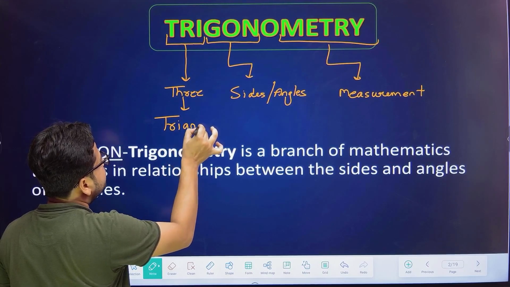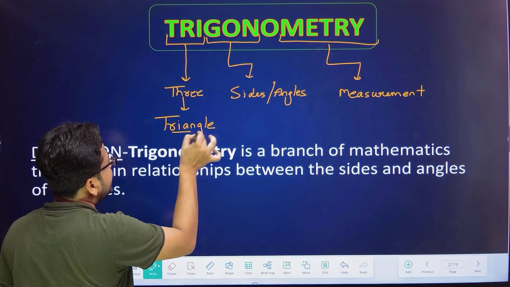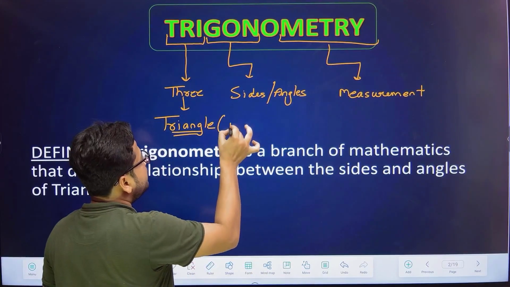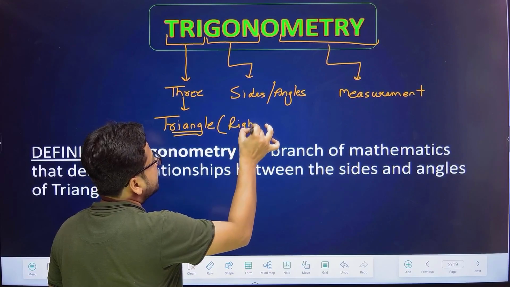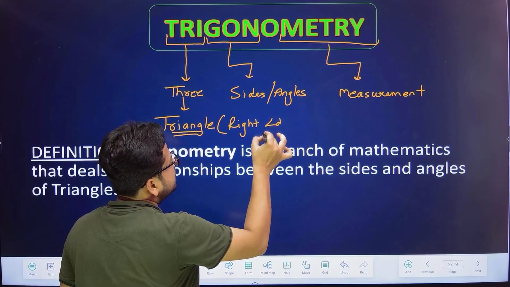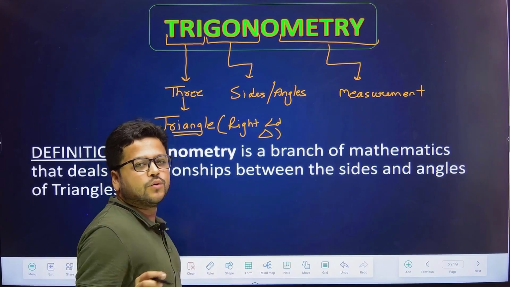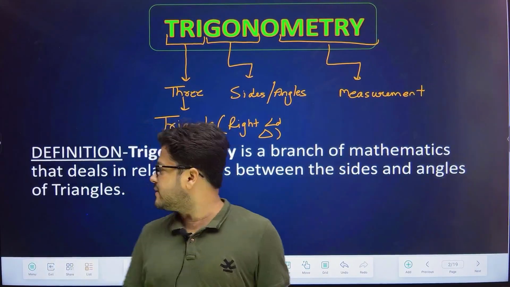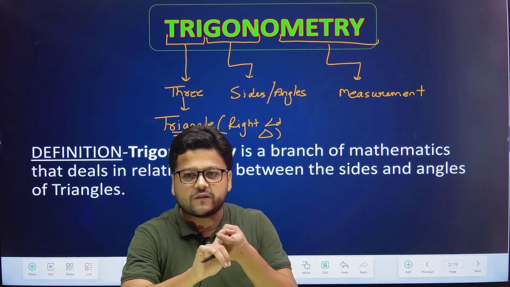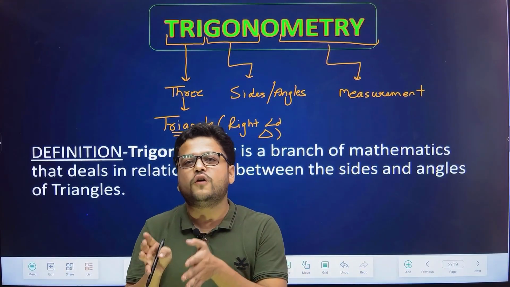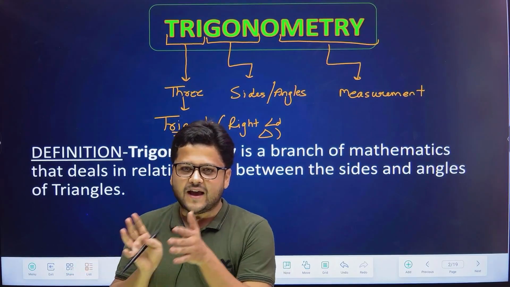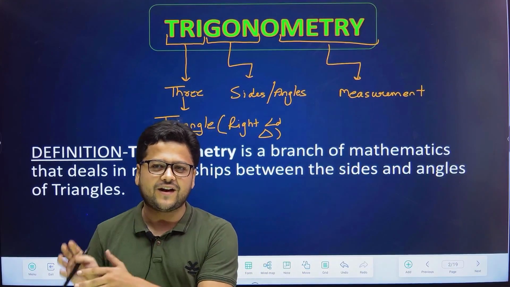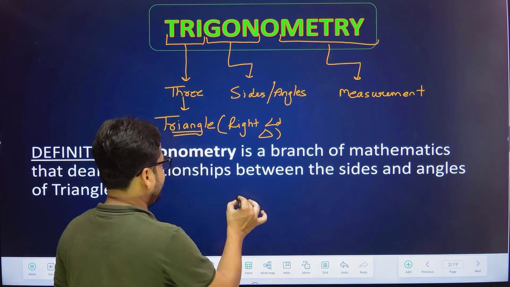Whenever I use the word triangle in this chapter, it means I am talking about a right angled triangle. So what is trigonometry basically? Trigonometry is a branch of mathematics that deals with the relationship between angles and sides of a right angled triangle. Interior angles and sides of a right angled triangle is called trigonometry.